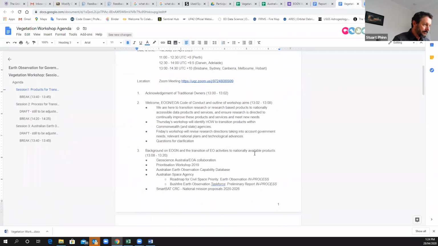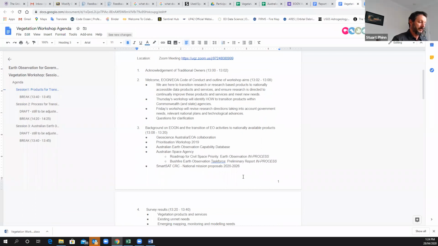A couple of other pieces of context. Once the AGN was started, the Australian Space Agency was also set up in 2018, and that has 8 civil space priorities. Earth observation is one of those civil space priorities.